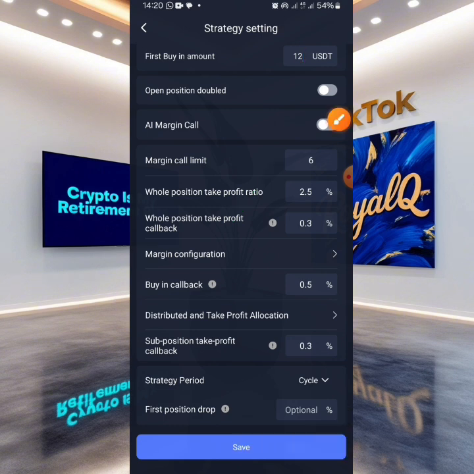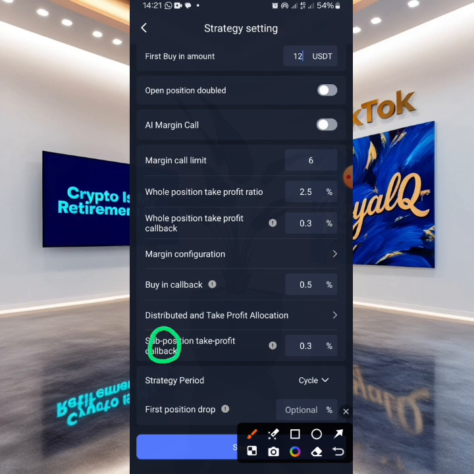The whole position take profit callback works in the way that if you set your profit at 2.5%, then you buy here, the market rises, it reaches your take profit at 2.5%. The robot won't sell right away, but it will keep monitoring the market until it makes a drop.